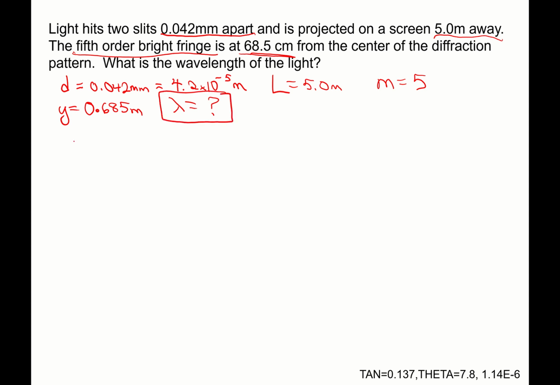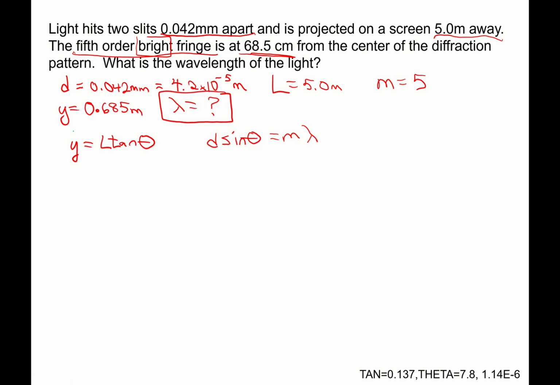So what are our equations? Our equations are y is equal to L tan theta, and d sine theta is either equal to m lambda if it's bright, or m plus a half lambda if it's a dark fringe. We're told it's bright, so we're going to say equal to m lambda. So what do we know?